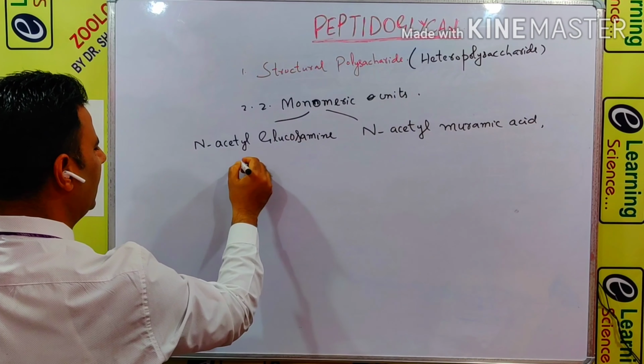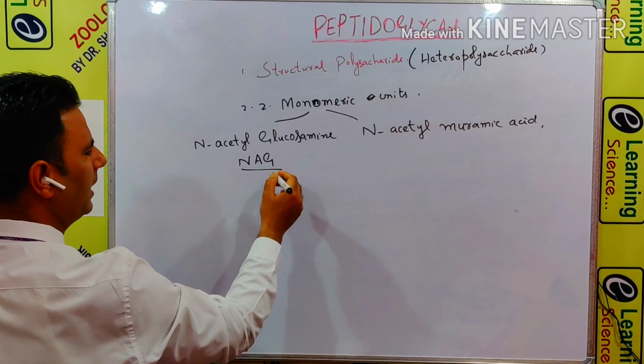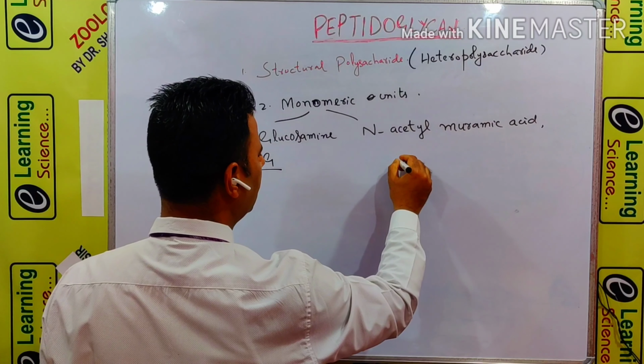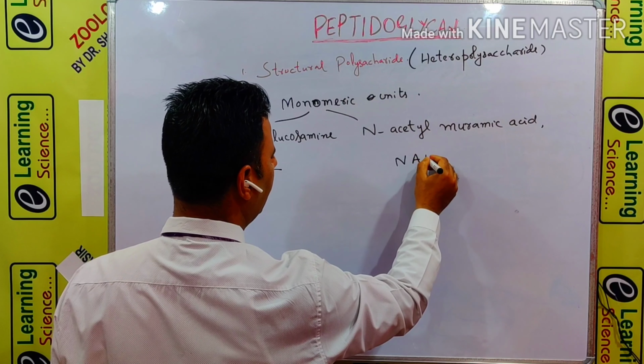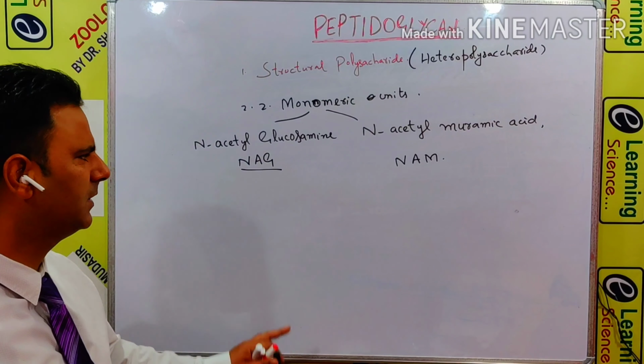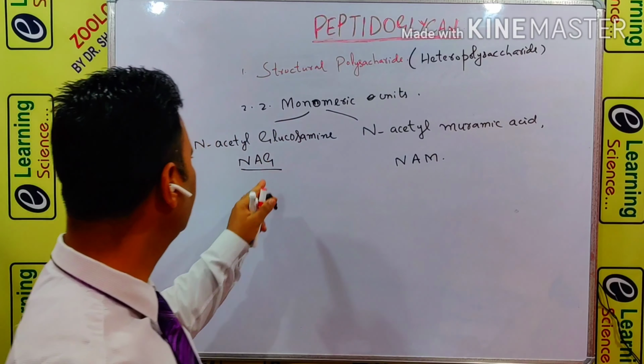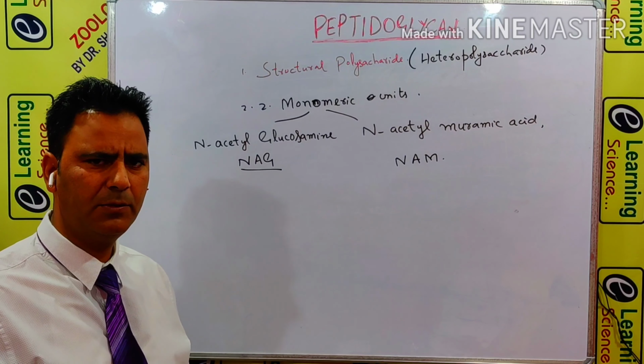We call N-acetylglucosamine NAG and N-acetylmuramic acid NAM. In simple words, we say NAG and NAM. These are the monomeric units.